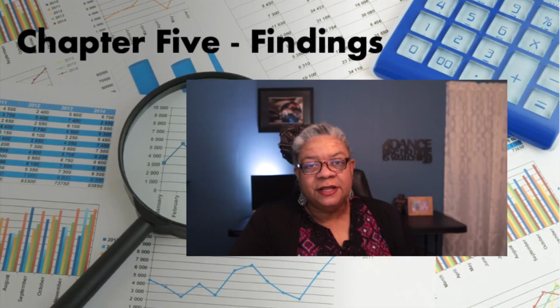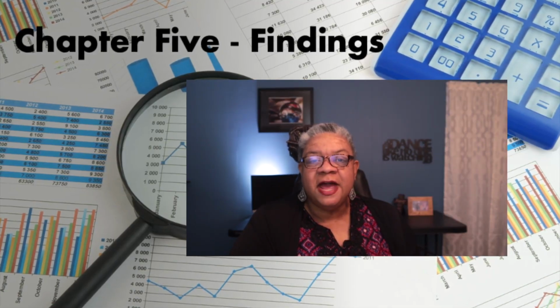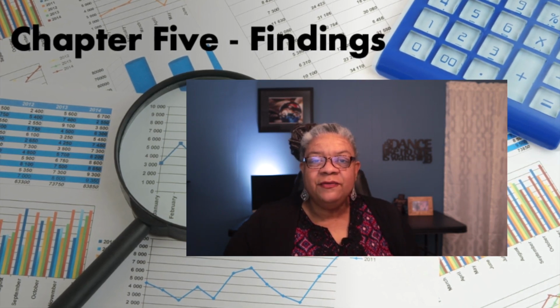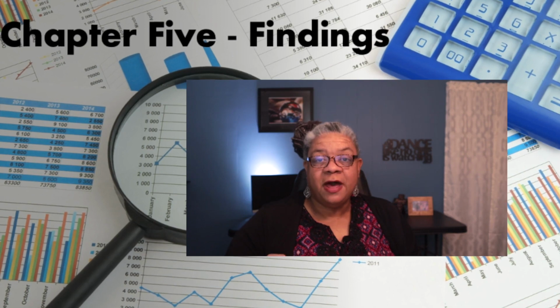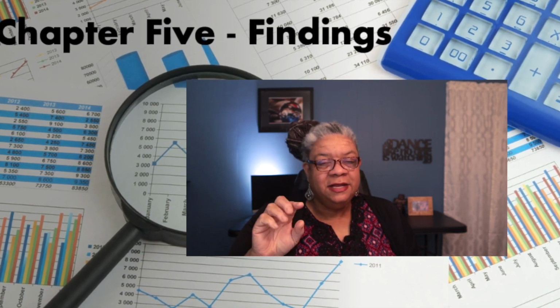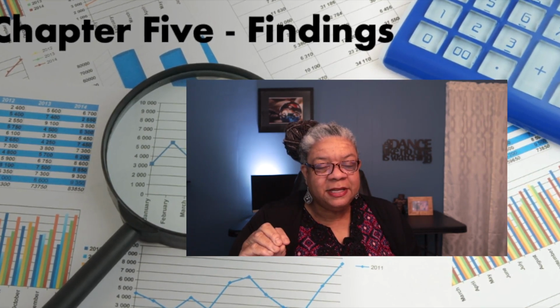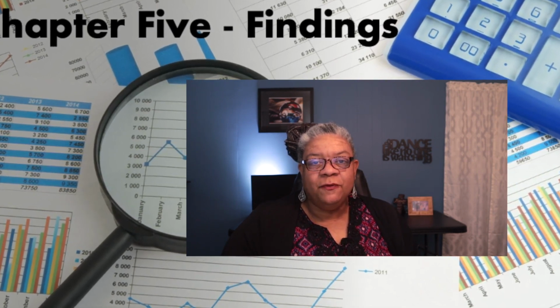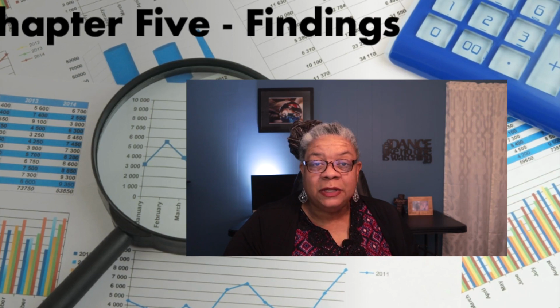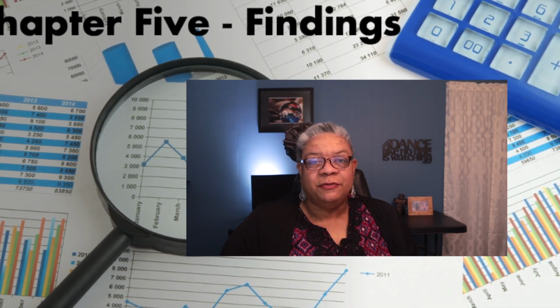Speaking of findings, chapter 5 is the findings chapter. Now here's what you can expect to include in chapter number 5. Now again, if you combine the participant descriptions into this chapter and the findings chapter, this will be chapter 4, but for the purposes of the outline I'm giving you, this is chapter 5.